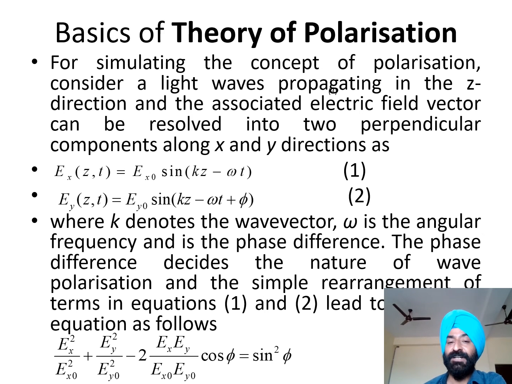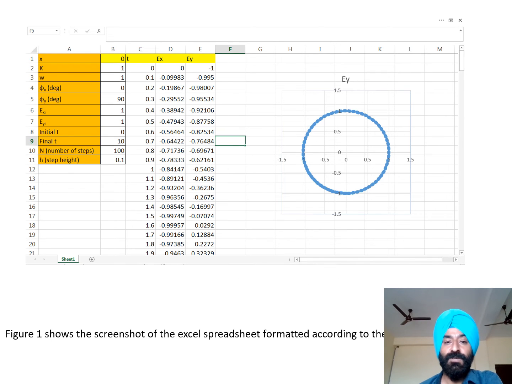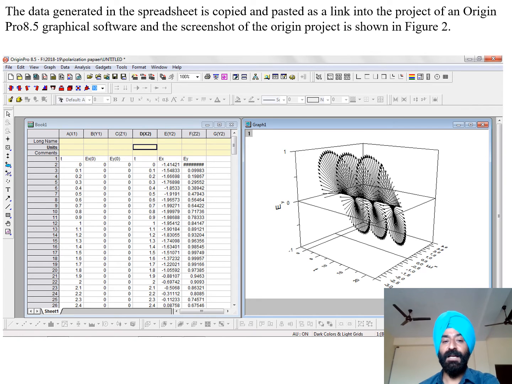We generate the data in the Excel software, and we transport it to Origin for generating its 3D picturization. So this will give rise to the picturization of your circularly polarized light. And when you transfer it to the Origin software, you can check how the electric field vector oscillates in the 3D picture with time.